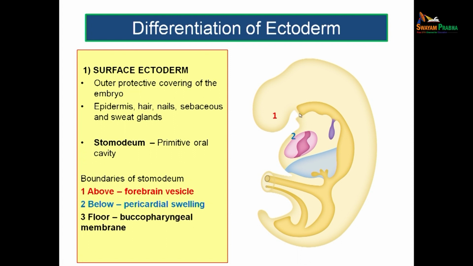This is actually the floor of the stomodium. If you consider this as a pit known as stomodium, you have some structures above, some below, and some at the floor. Above you have the forebrain vesicle, below you have the pericardial swelling, and the floor is known as the buccopharyngeal membrane. You can see that this is the gut tube, we will be discussing it right now.